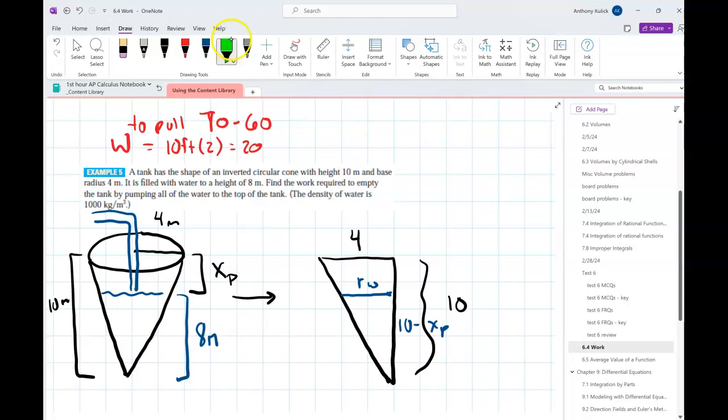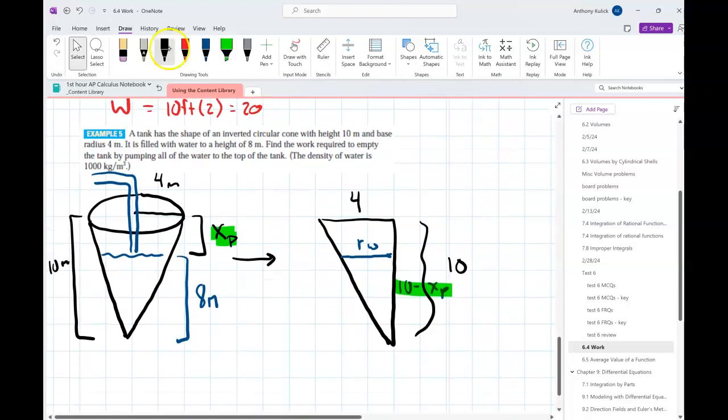So notice what I've done is I've described those two heights using the one variable. Everybody's okay? That'll be necessary on something like this, because you can't have height to pump and height of the water as two separate variables. You have to reconcile that into a single variable. And then furthermore, we can write this as a proportion.